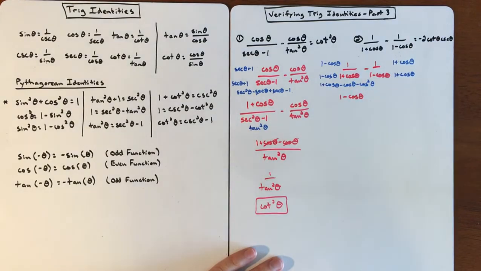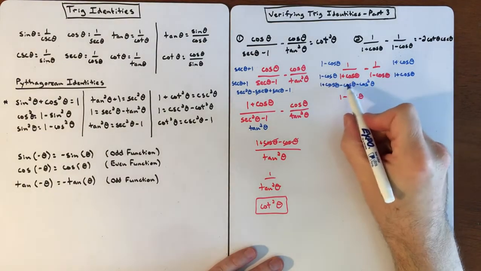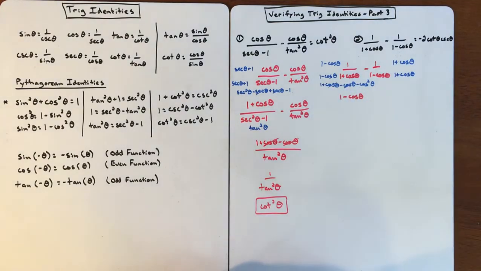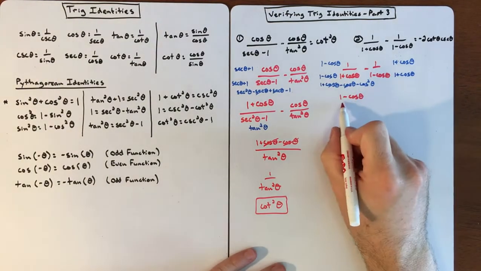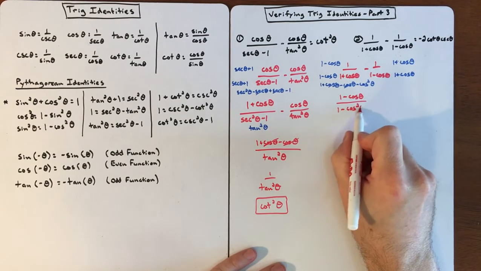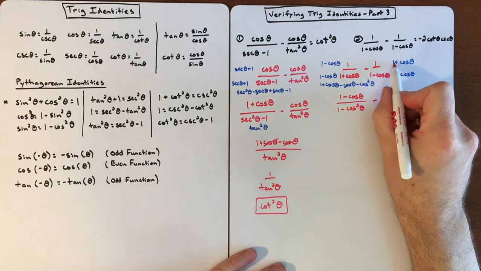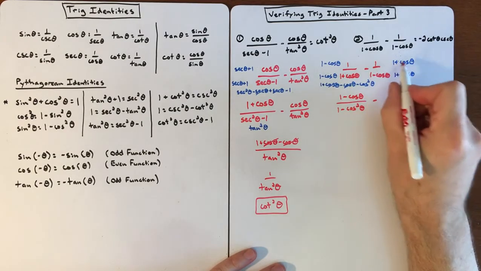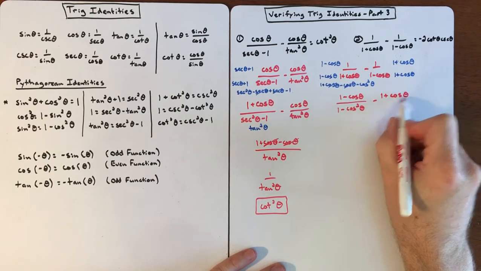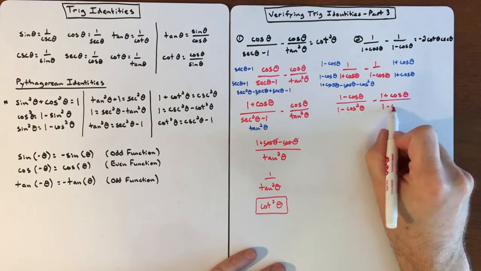So again, since it was a conjugate, those middle pieces cancel out, and you're just left with 1 minus cosine squared. And then when you do the other one, you're going to have a 1 times 1 plus cosine, and then 1 minus cosine squared.